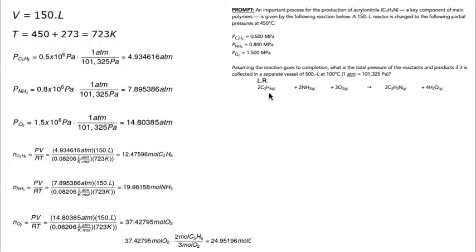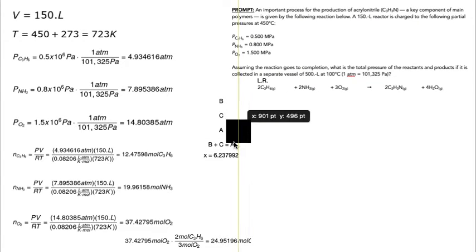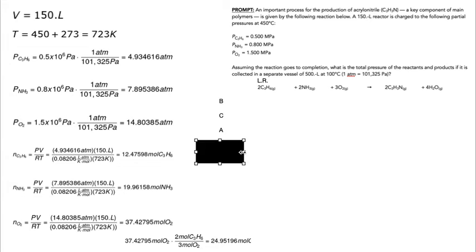So now we're ready to create a BCA table. That is a before, change, after table in reference to our balanced chemical equation. And you will see how important this is in reference to the problem. Let's see if I can just block this out for now, because that will be for later.